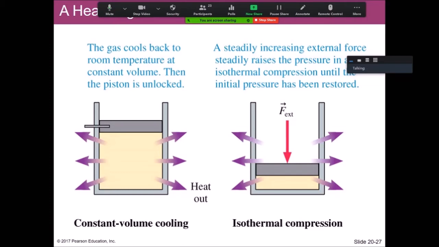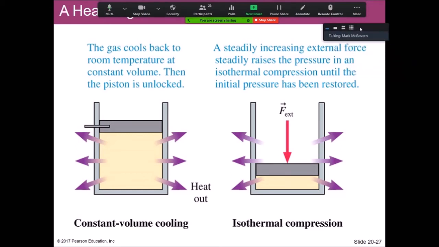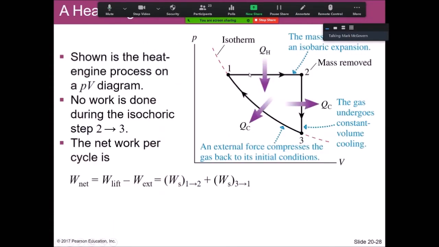Okay. So the idea is that we are applying the force in a controlled method to ensure that we have an isothermal process. Again, it doesn't have to be an isothermal process. And it may be difficult to achieve, but it can be done. We'll just say that, right? It can be done.